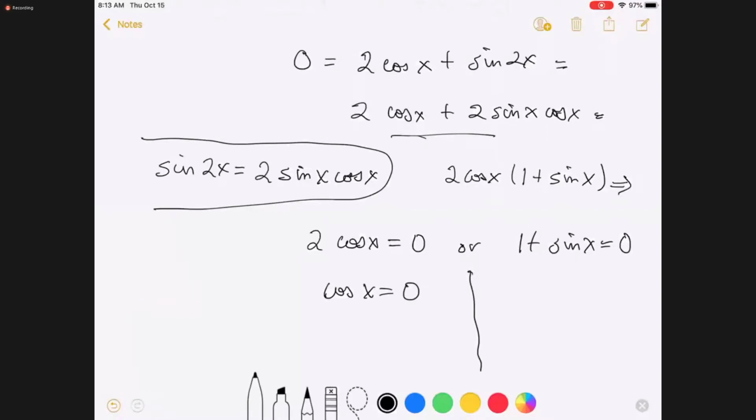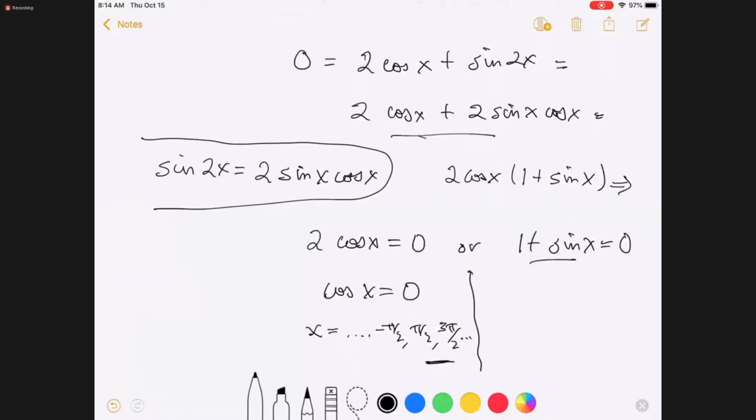Where does the cosine equal 0? It happens at odd multiples of pi over 2, in fact at an infinite number of places: minus pi over 2, pi over 2, 3 pi over 2, and so on. We're going to focus on those mainly because in a minute we're just going to look at the interval from 0 to 2 pi and then translate that using the periodicity.